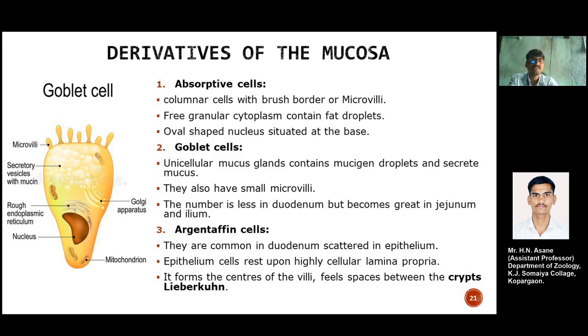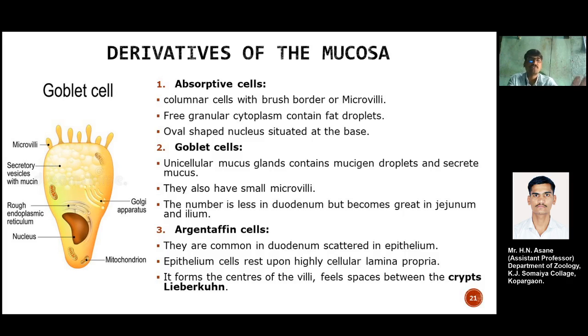Okay, then there will be the argentaffin cells. The argentaffin cells are common in the duodenum. They are scattered in the epithelium layer. The epithelium cells rest upon a highly cellular lamina propria. These argentaffin cells are embedded in the lamina propria region.